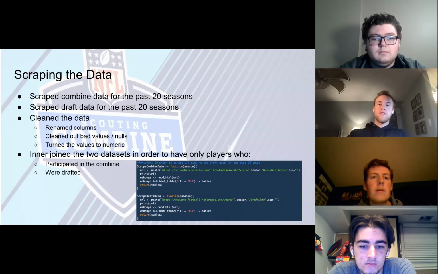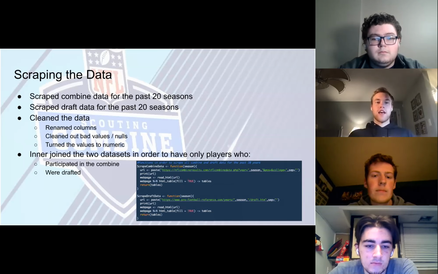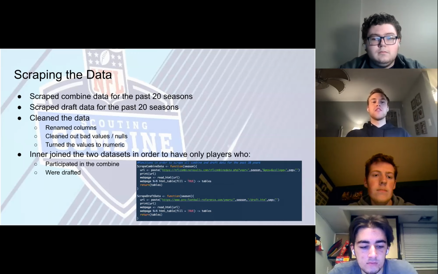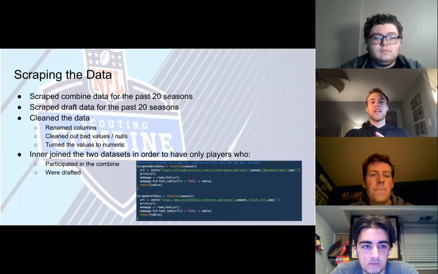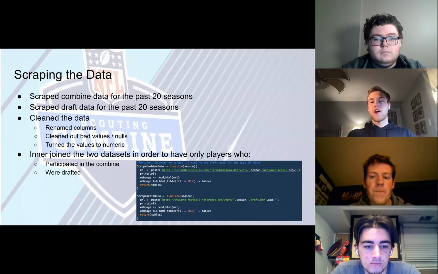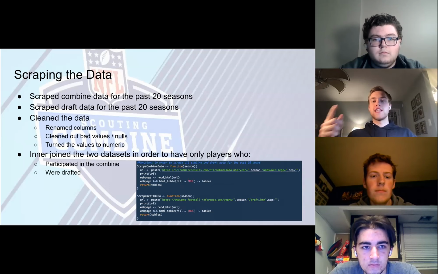So starting off, we had to get our data all set to use. We scraped combine and draft data for the past 20 seasons utilizing the functions on the bottom of the slide. We use those functions and loop through each season to get the past 20 years of both datasets.